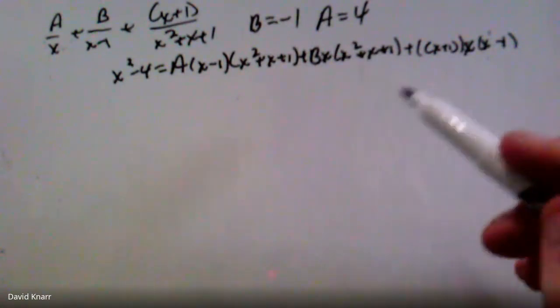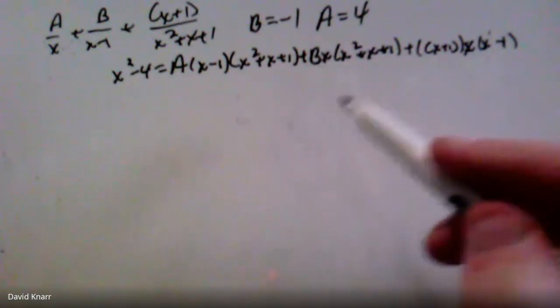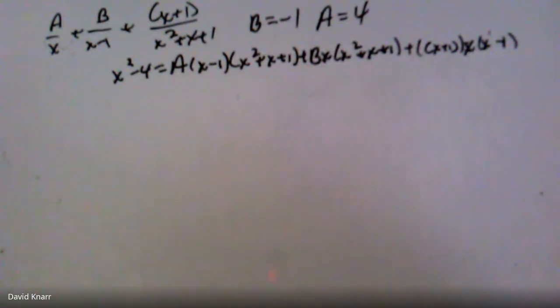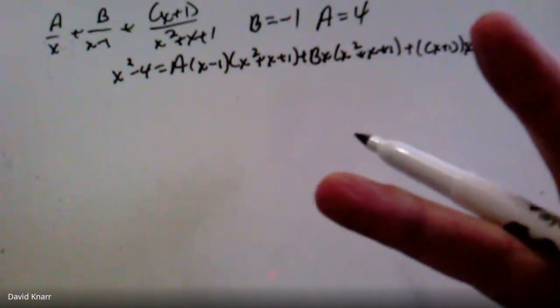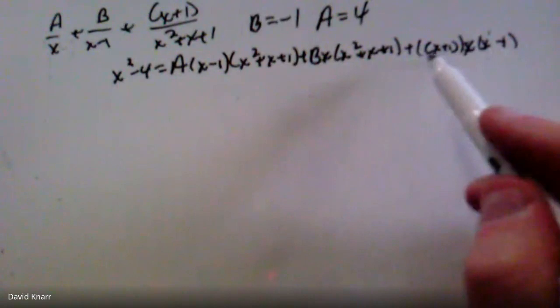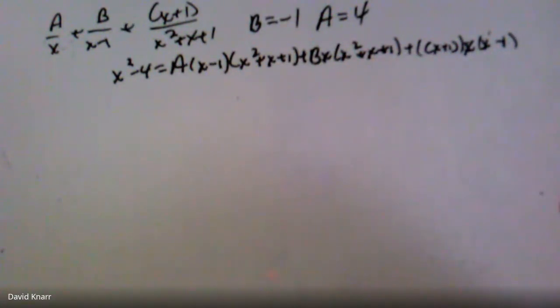You could continue picking numbers for x, and as long as it's not 0 or 1, you'll get something with a C and D in it. You'll have to pick twice because C and D are 2 variables. You'll need 2 equations, so you'll have to pick 2 different numbers for x to get something for C and D, like you did in the last type.